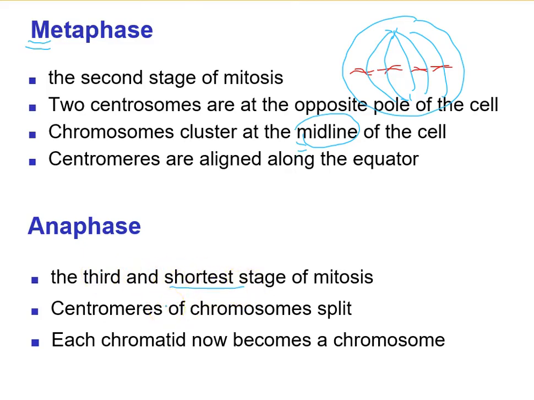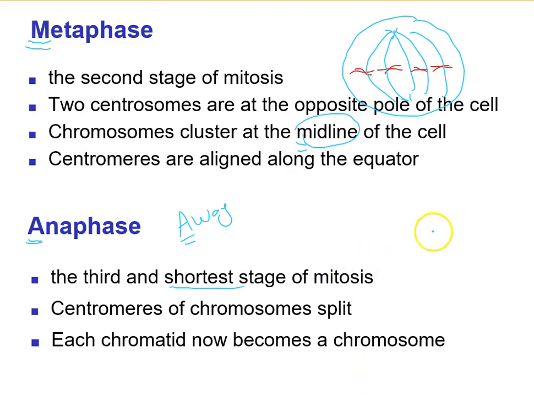Okay, next phase, which is the anaphase, is the third and shortest stage of the mitosis. The sister chromatids separate from each other and are pulled toward the opposite ends of the cell, like a pulling away of chromatids from each other. So again, the A at the beginning of the anaphase and pulling away from each other. So we can say that this is the event happening during the anaphase.